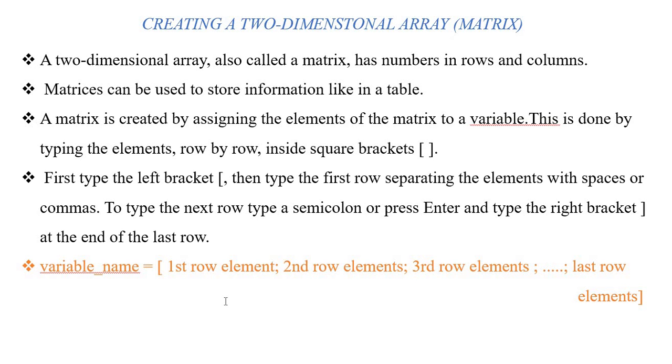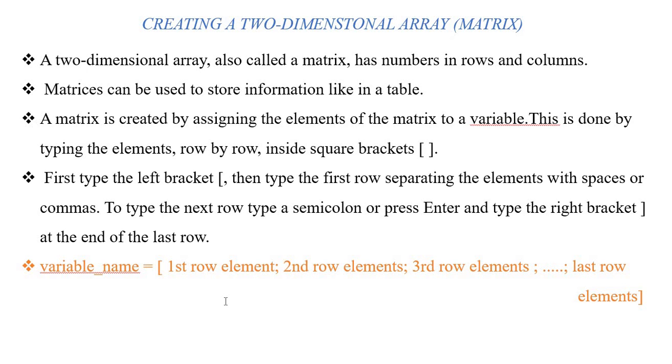Already we know for one dimension how to write within the square bracket: every element is separated, that is, first element, either space or comma, and next element. Like that. And to type the next row, type a semicolon or press enter. That is, after completing the first row, you put a semicolon.